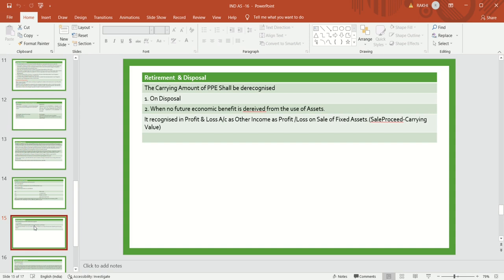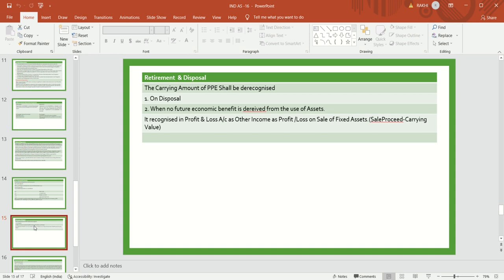If the asset is sold off, and if there is no future economic benefit from that asset, that is, when the utilization of that asset is totally completed, then what treatment will the company do in the books of accounts?